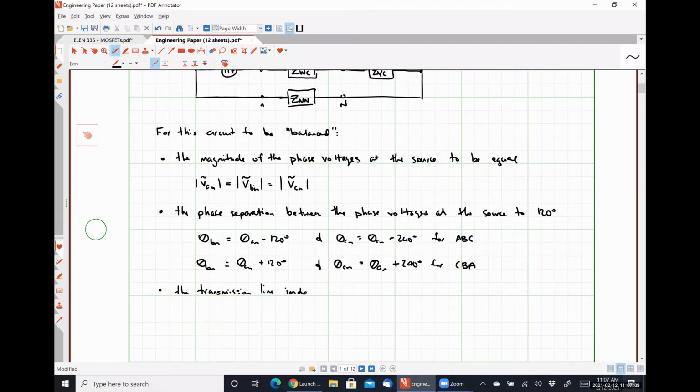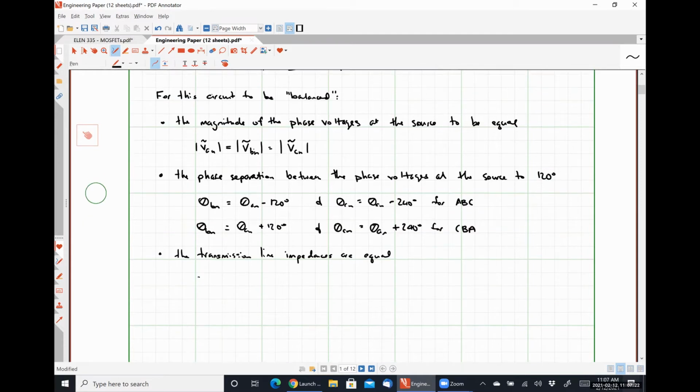So ZWA is exactly equal to ZWB is exactly equal to ZWC. And so we'll call these simply Z wire or ZW. I'll probably use Z wire though.